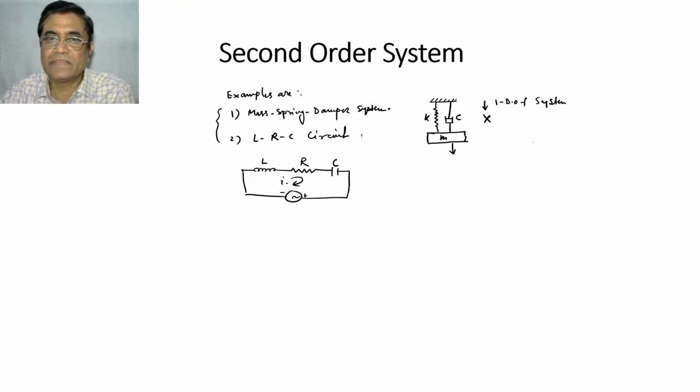And perturbation means I just connect and disconnect, because I am talking about understanding the system's behavior when it is free to oscillate. So we will discuss free oscillation first.